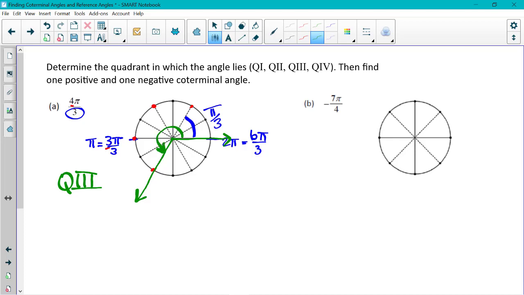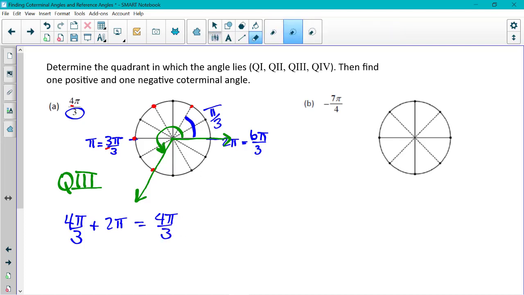All right, so if I want to find a positive angle or a negative angle or multiple, then all I have to do is add one full rotation because we want the terminal side to end in that same spot. So I can take 4 pi over 3 and add 2 pi. This is just basically fraction work. 2 pi is equal to 6 pi over 3.